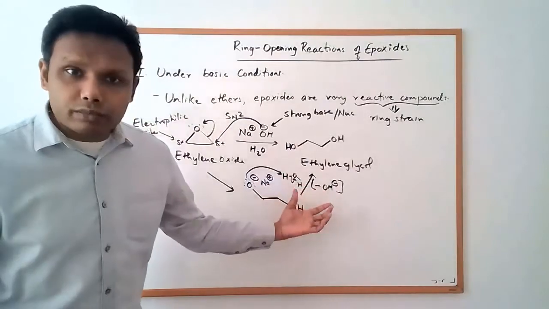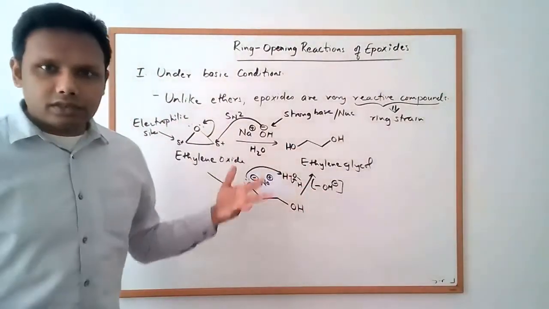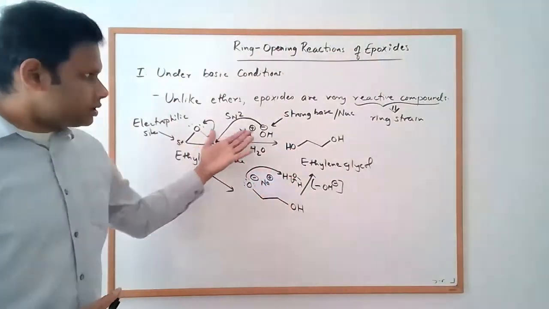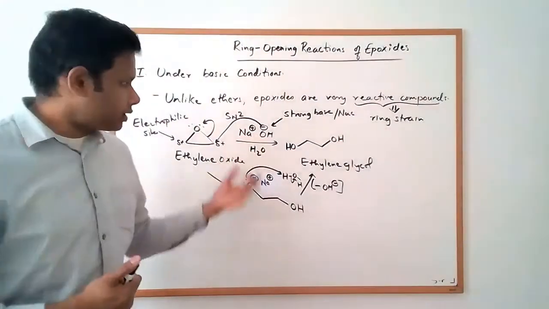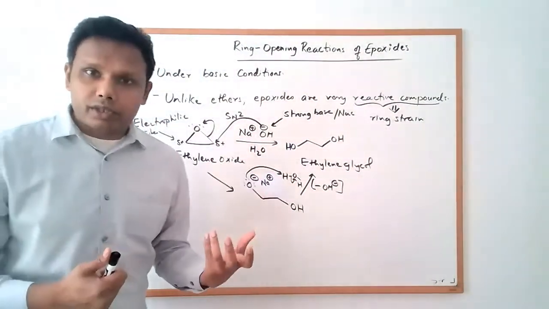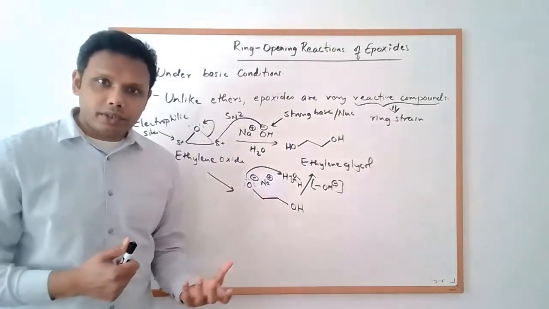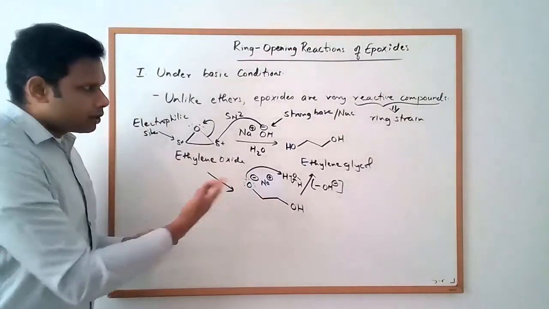You've generated sodium hydroxide again, and you've made ethylene glycol. So the reaction just keeps going. In some sense, this reaction is catalytic in sodium hydroxide because you're using water as a solvent. You don't need a stoichiometric amount of sodium hydroxide. That's the general reaction, basically the ring opening.